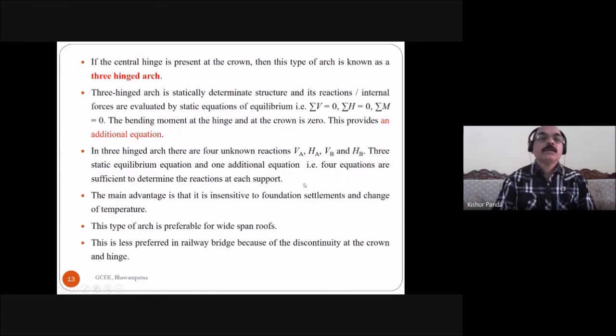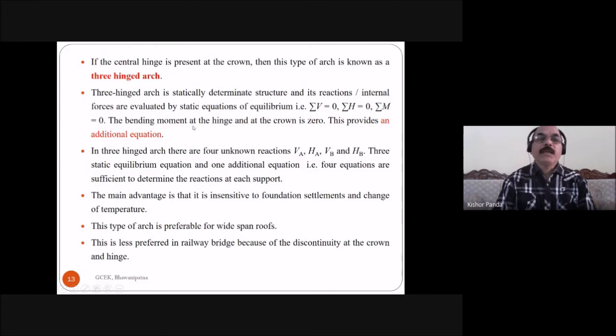If a central hinge is present at the crown, then this type of arch is known as a 3-hinge arch. A 3-hinge arch is a statically determinate structure, and its reactions and internal forces are evaluated by static equilibrium equations. You know these three equations: summation of vertical force is 0, summation of horizontal force is 0, and summation of moment is equal to 0.